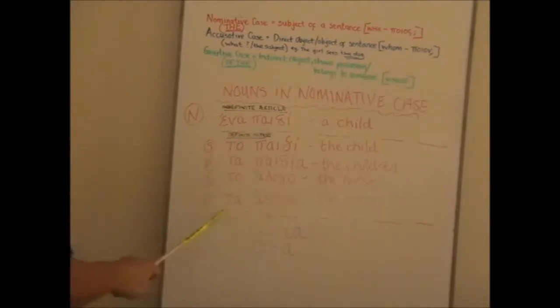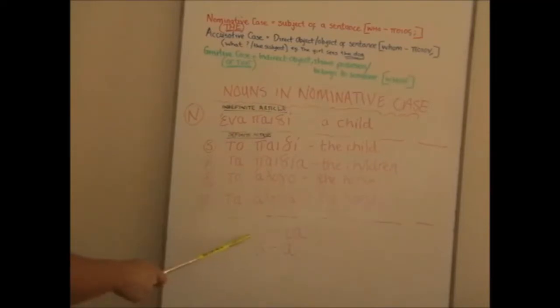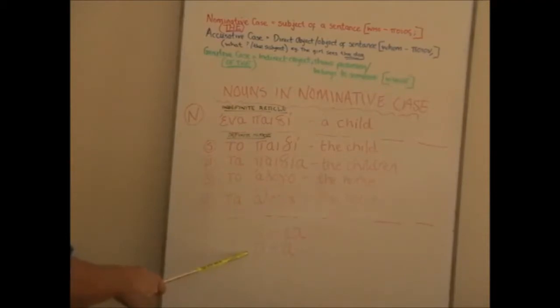So we now have for plural τα άλογα, the horses. So remember, in neuter nominative, if a word finishes i, for plural change it to ia. And if a word in neuter nominative finishes o, change that o to an a. So pause and write this down.